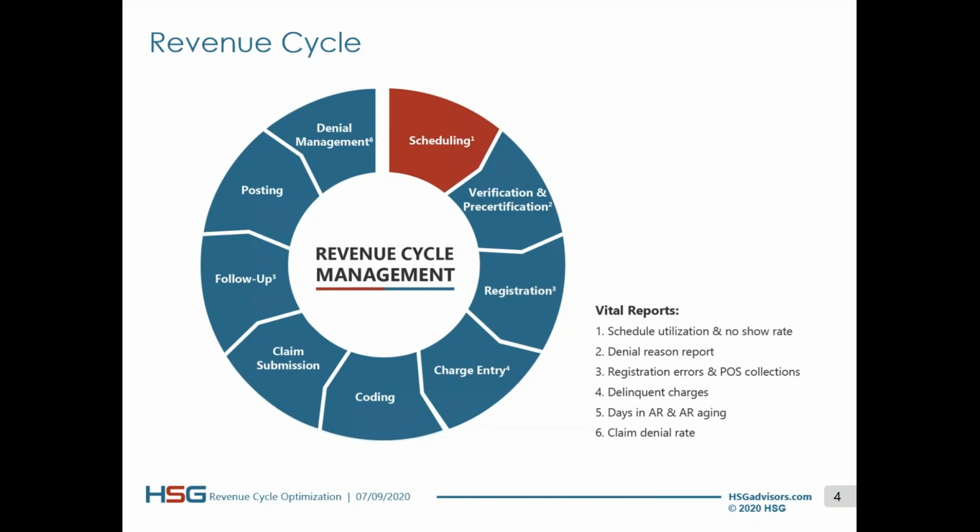So basically everything from the time we schedule a patient, until we provide the services and then receive payment for those services. You may think that we could move coding before charge entry, but generally this is how we would represent the revenue cycle function.